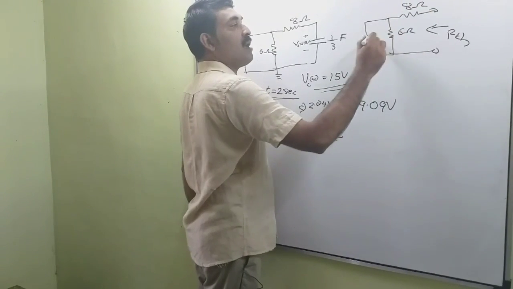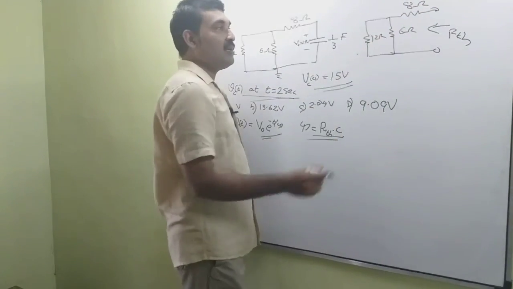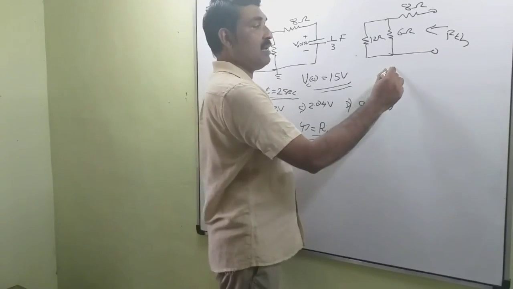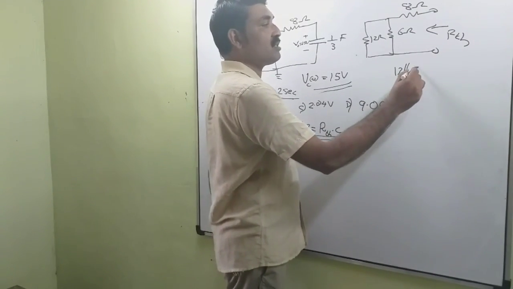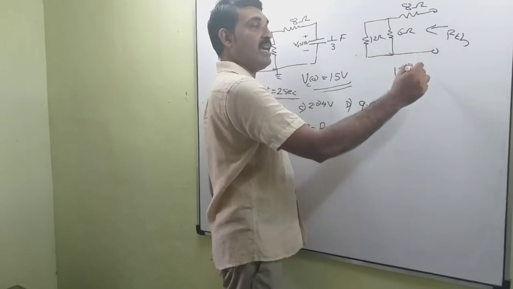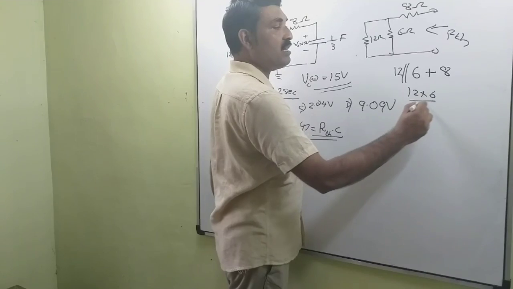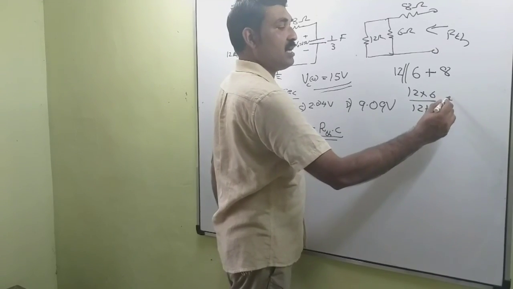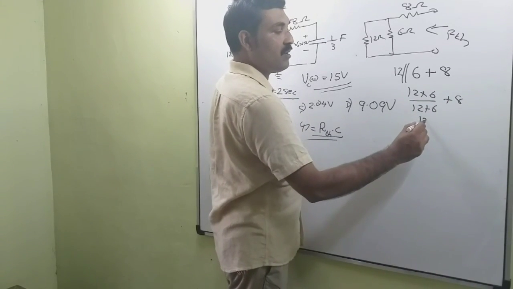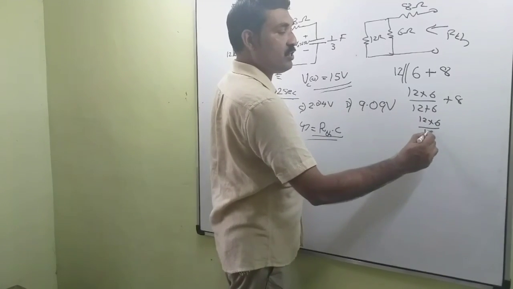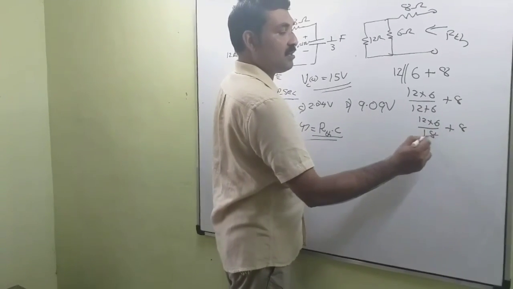This is 6 ohm and 12 ohm. This 12 and 6 are in parallel. 12 parallel to 6, that is in series with 8, that is plus 8. So 12 into 6 divided by 12 plus 6, plus 8. That is 12 into 6 divided by 18 plus 8. This becomes 3.